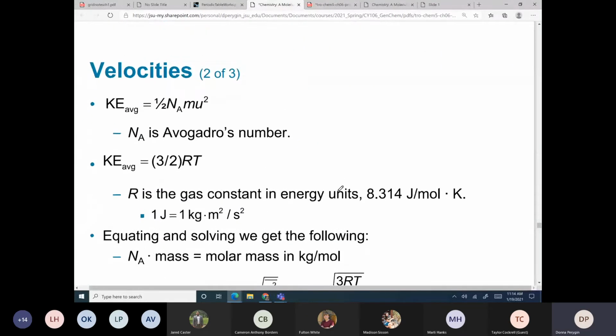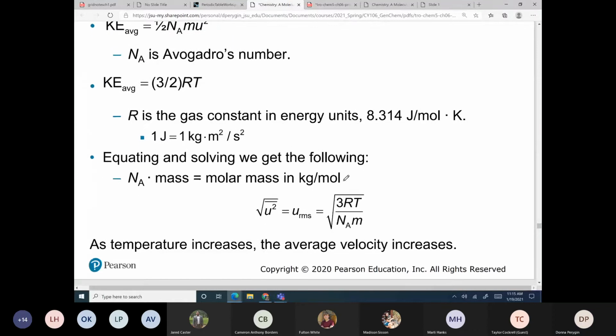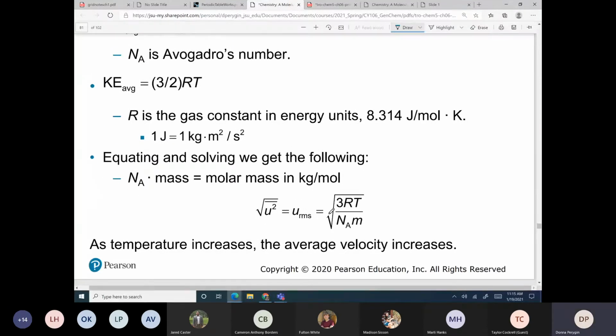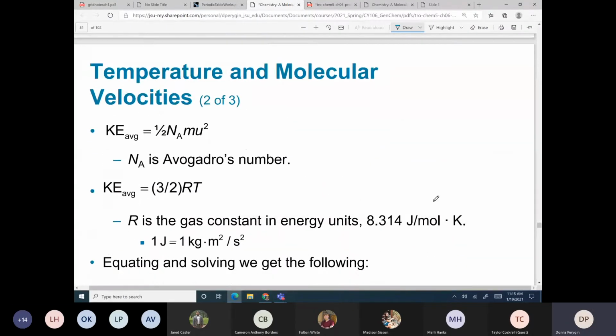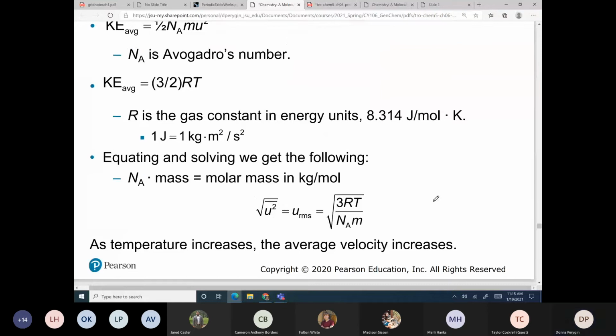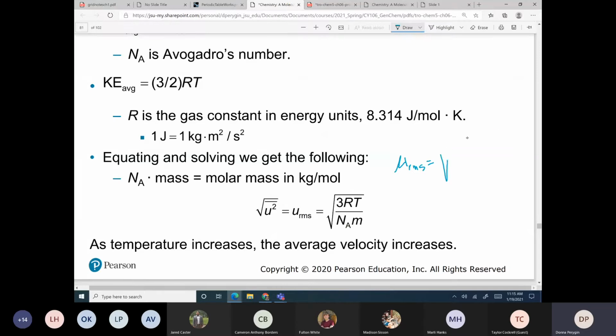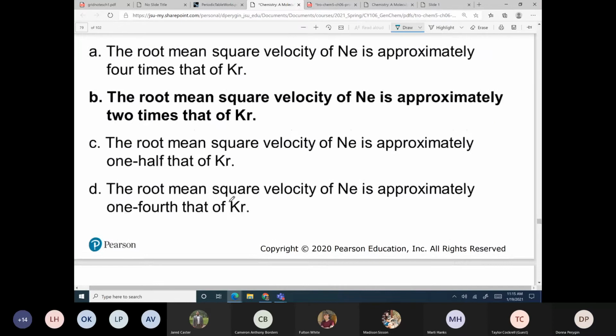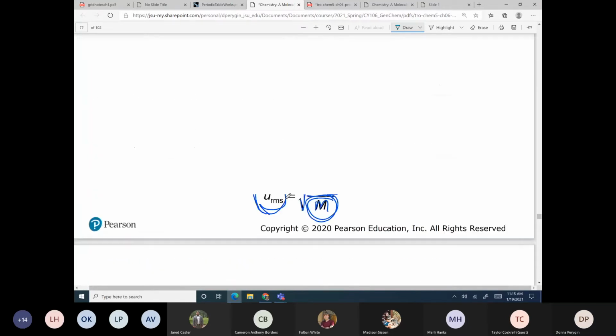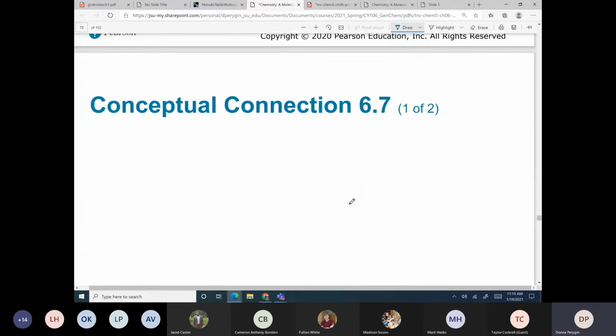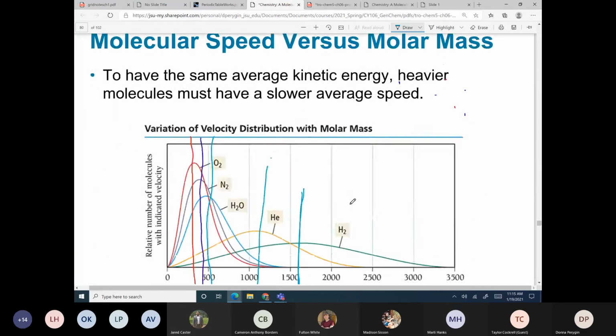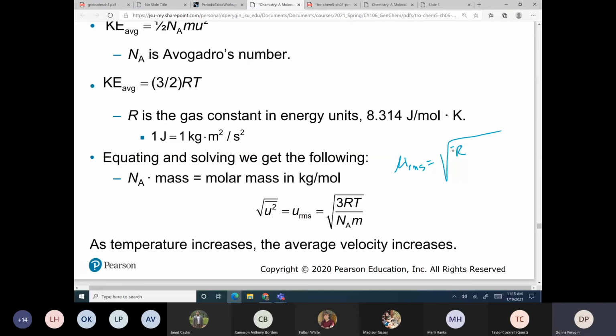All right, and so notice that the average velocity is also proportional to temperature. And again, I don't think we're going to be using any of these other formulas here, but you'll notice that the original formula was nu RMS, so the average velocity is equal to the square root of 3RT over M, where M is the molar mass.